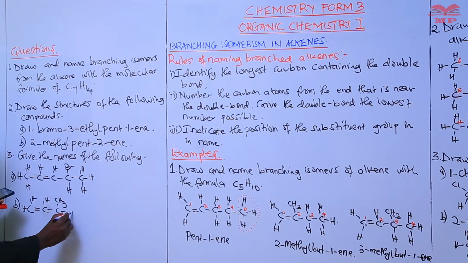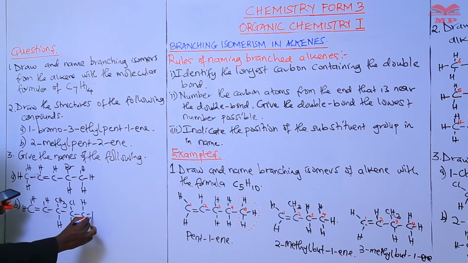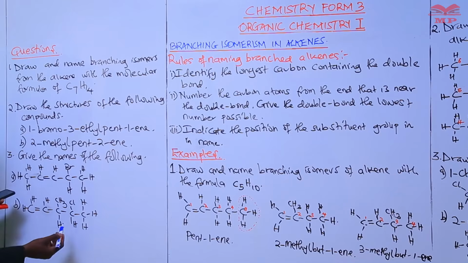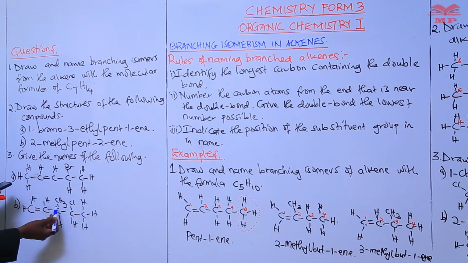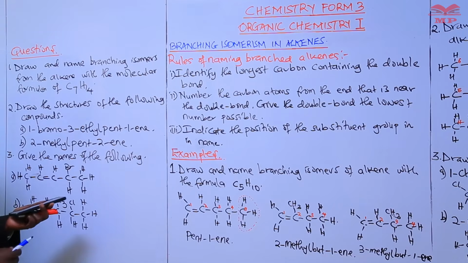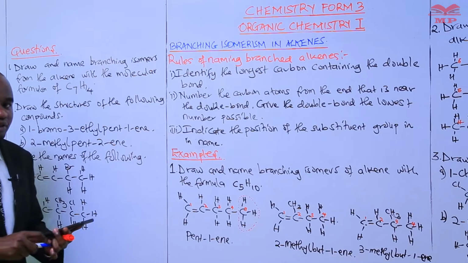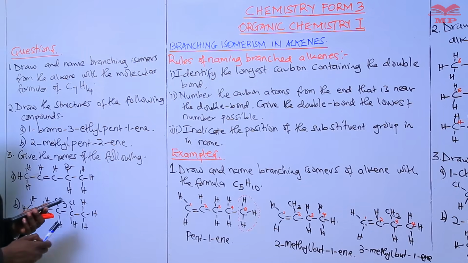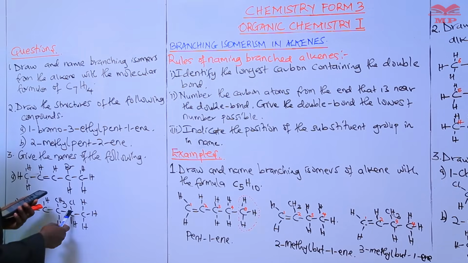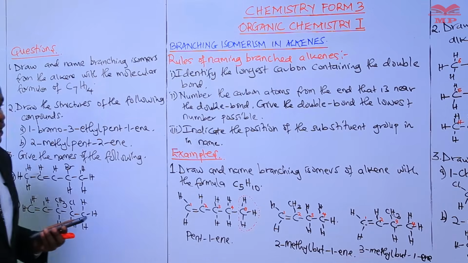The fourth one has a chlorine with a hydrogen. Then the last one has 3 hydrogen atoms. So just a clue here, we have 2 substituent groups. We have a methyl and then we have a chloro. So when giving the name, in that case, we can use alphabet. Between chloro and methyl, you realize chloro will come first in the dictionary, followed by methyl. So also try that one there.